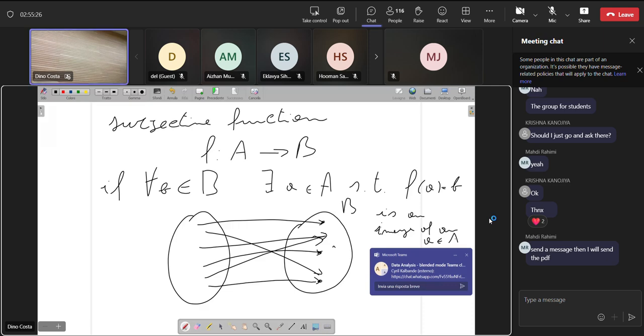For example, the identity function from A to A is also surjective. Let's write some example.